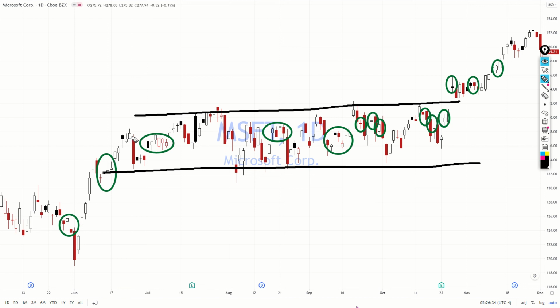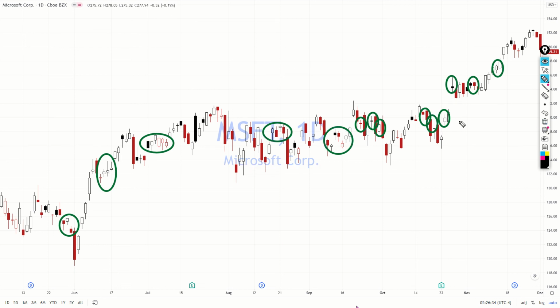Let's say this is a regular candle, and this is just a quarter or even a third of the size of a regular candle. You can see they are formed in clusters. In the stock market, in my experience, the price spends around 70% of the time going sideways or consolidating before it starts to make a big move.